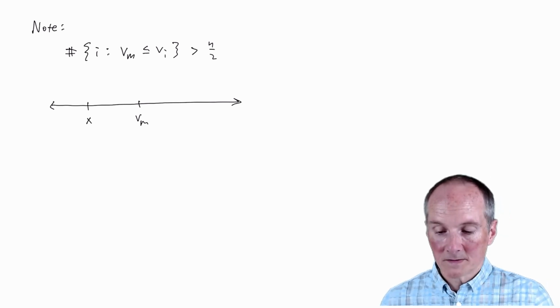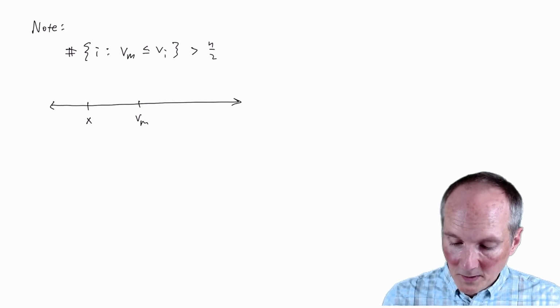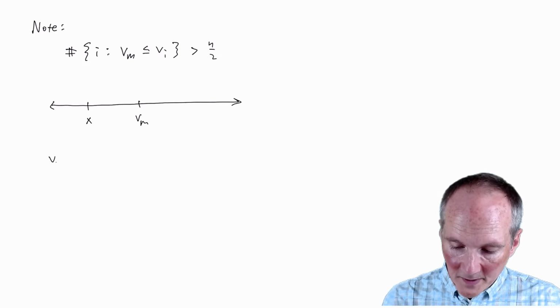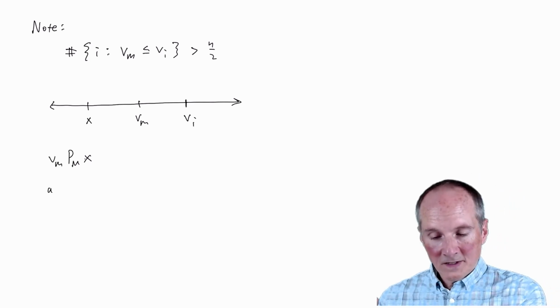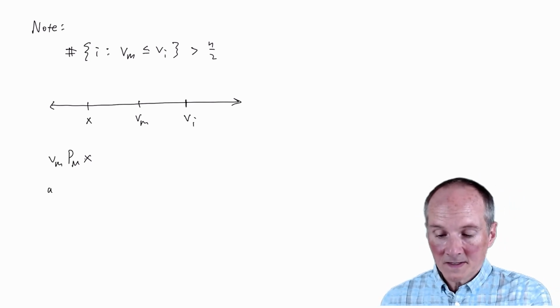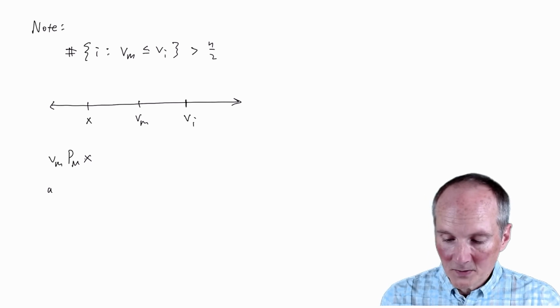Now, notice we're assuming single-peakedness, right? So clearly the median voter prefers their ideal point to x. And anyone over here to the right: remember, condition 2 in the definition of single-peakedness says if you push policies to the left, you make that guy worse and worse. So that means that x is worse than the median's ideal point.